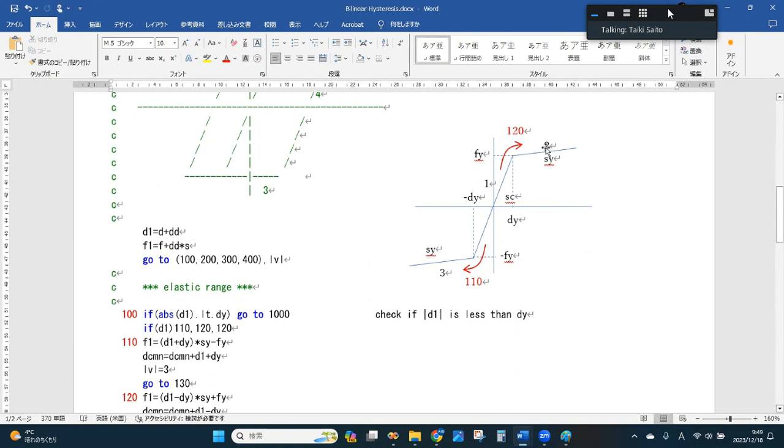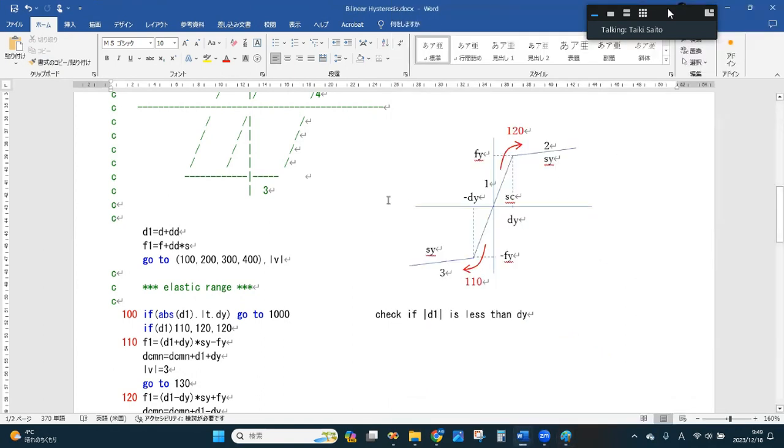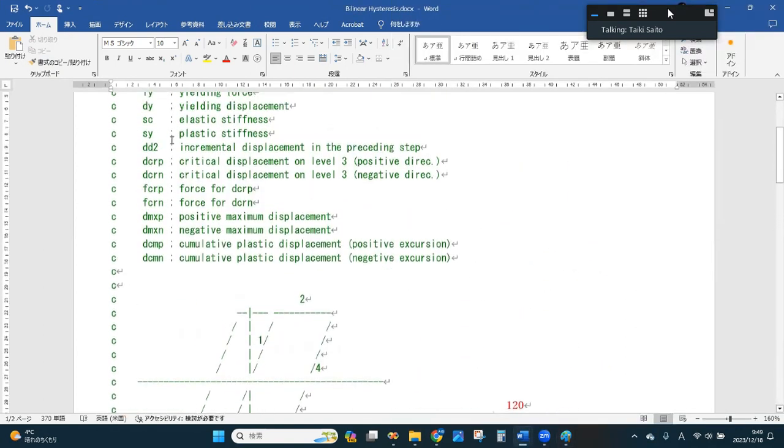Now, suppose you are at level 2. I mean, this is a subroutine.